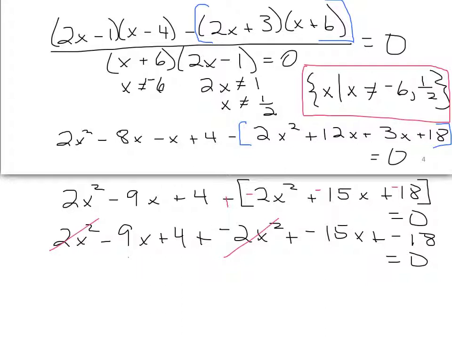Negative 9x plus negative 15x is going to be negative 24x. And 4 plus negative 18 is negative 14.